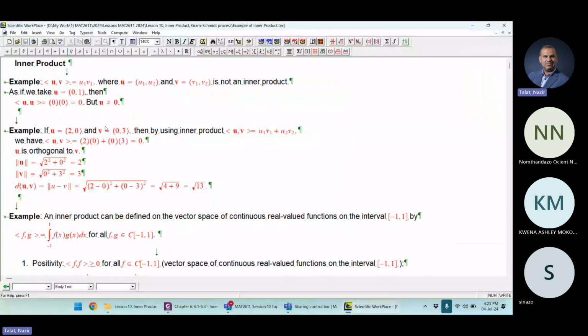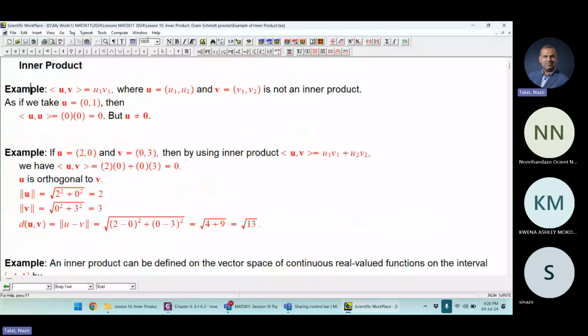The first example you can see is that if we take the inner product of u with v equal to u1 v1 only, where u is equal to (u1, u2) and v is equal to (v1, v2), then this is not an inner product. Why? Because it will not fulfill a property of an inner product.